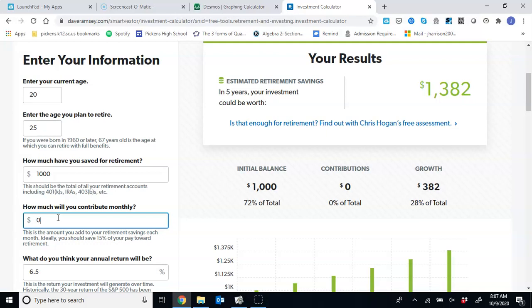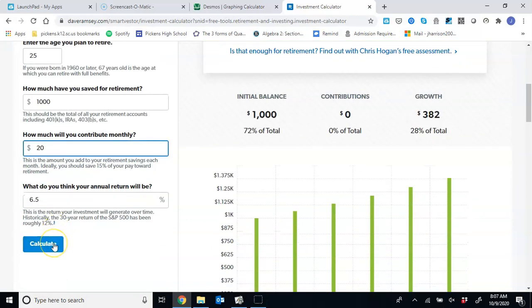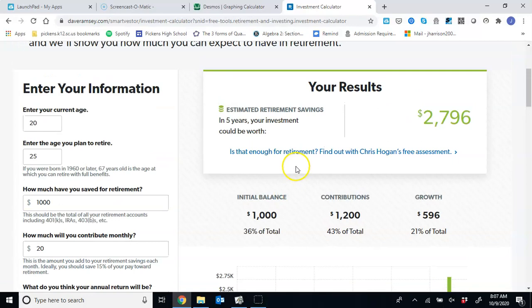If that's every week, that's around $20 extra every month. So if I deposit $20 extra every month, watch what happens to this money all of a sudden. Notice instead of just 1,380, I've got 2,796 by just doing a couple extra bucks, $20 every month. And that jumps up really, really quickly there.